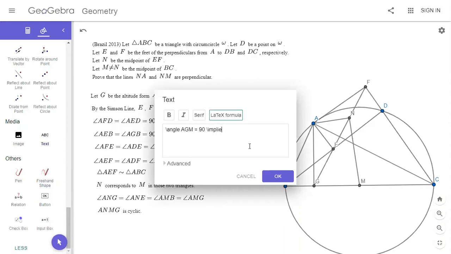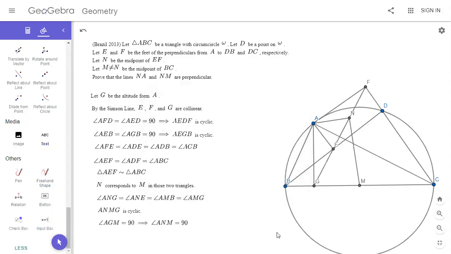Let me ask you something. How old are you guys? I took a while and I couldn't do this problem. The original solution from the one who created the problem in Brazil uses a lot of ratios and a lot of things. Yeah, I'm 28.